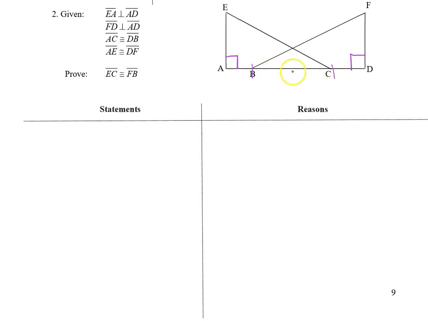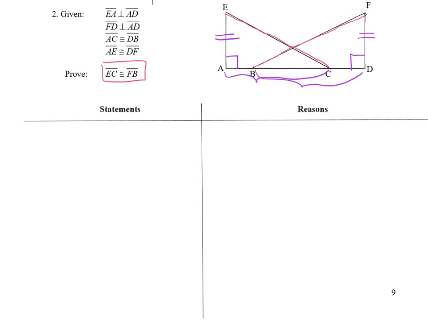Like, are you telling me AB is congruent to CD, or, you know, it's kind of confusing there. So I'm going to say, using these brackets here, that'll help me. Okay, so those are congruent, and then I've also got AE, so that's this part right here, congruent to FD or DF. There we go. And I'm trying to prove that this is true. So I'm trying to get that EC is congruent to FB.